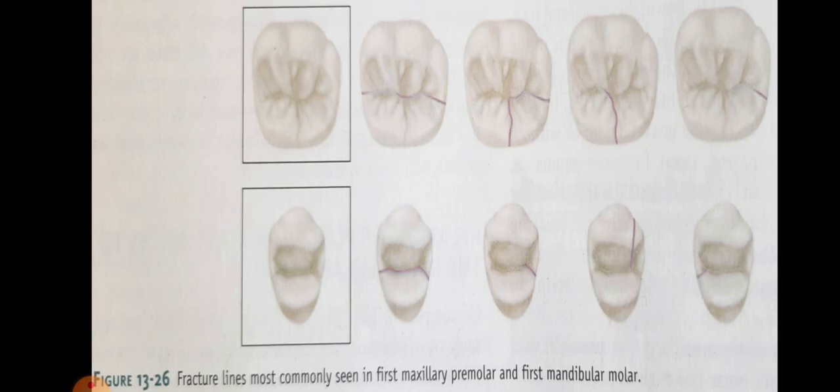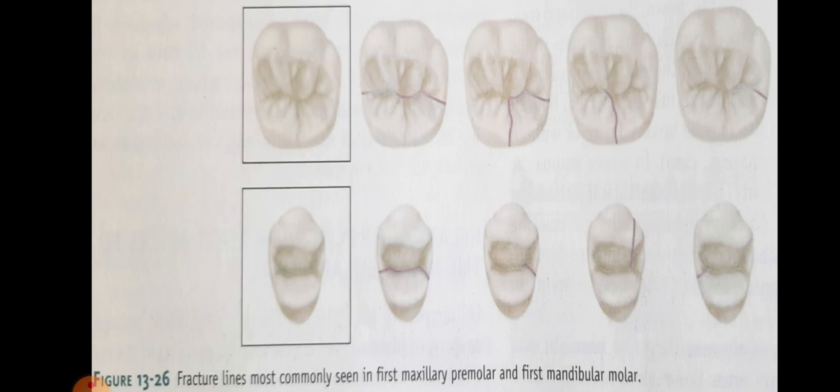Such fractures may occur in connection with bruxism and clenching. It is not uncommon for the distolingual cusp of the mandibular first molar to fracture in association with a large restoration, which leads to pulpitis.